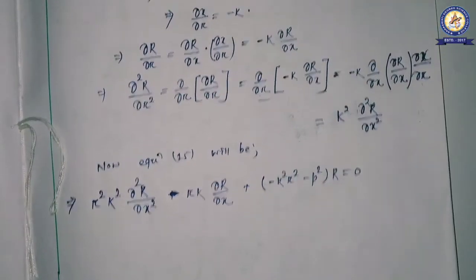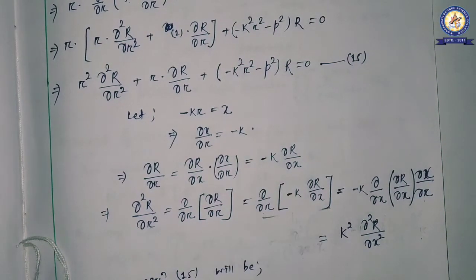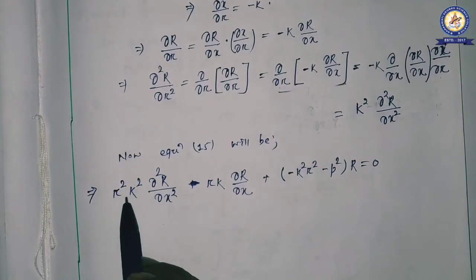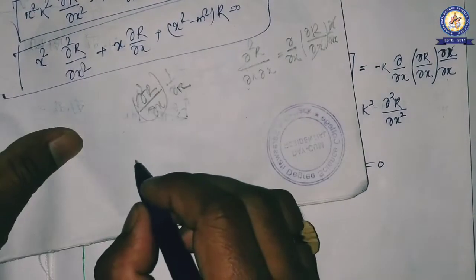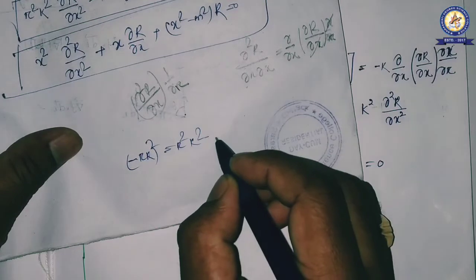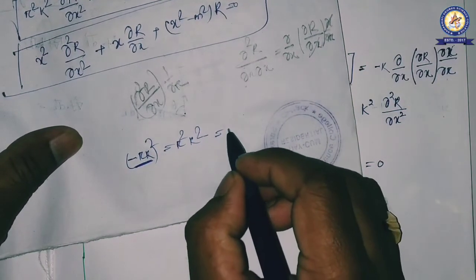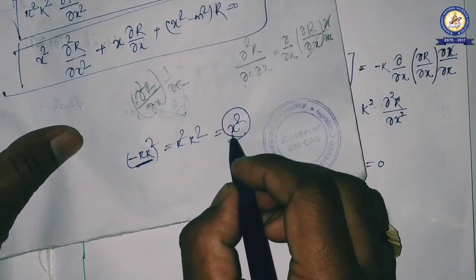So here we have considered that minus kr is your x. Here you can see that r square k square is there. That means I can write r square k square as minus rk whole square, which is nothing but r square k square. So minus rk is nothing but x, so I can write x square instead of minus rk whole square.